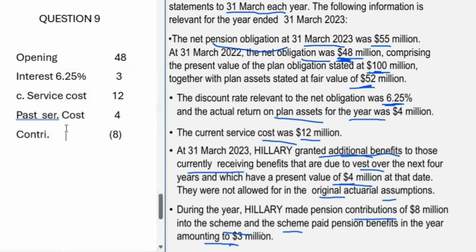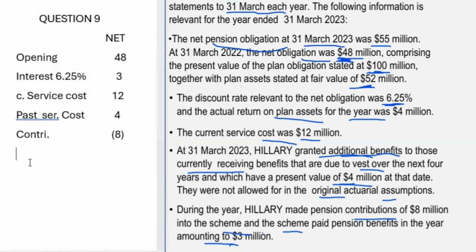And then we have benefit paid out. If you remember, we said the benefit paid out doesn't affect the net. Here we are using the net method, right? And benefit paid out does not affect the net. Why? Because it reduces both the asset and the liability, so it has no net impact.